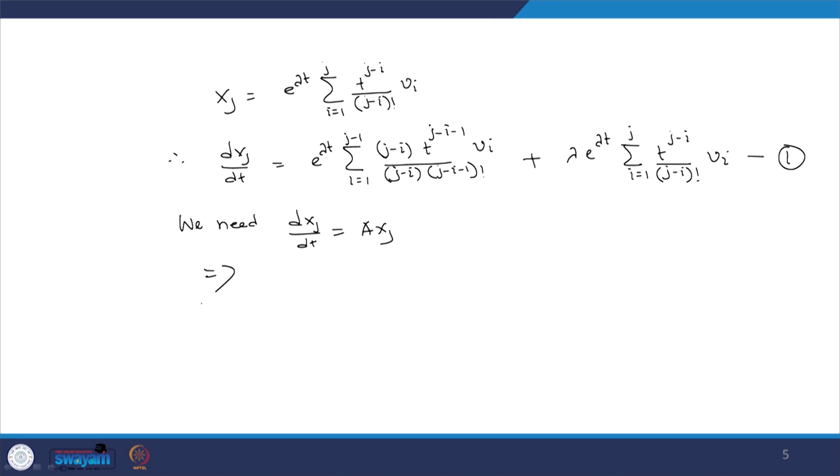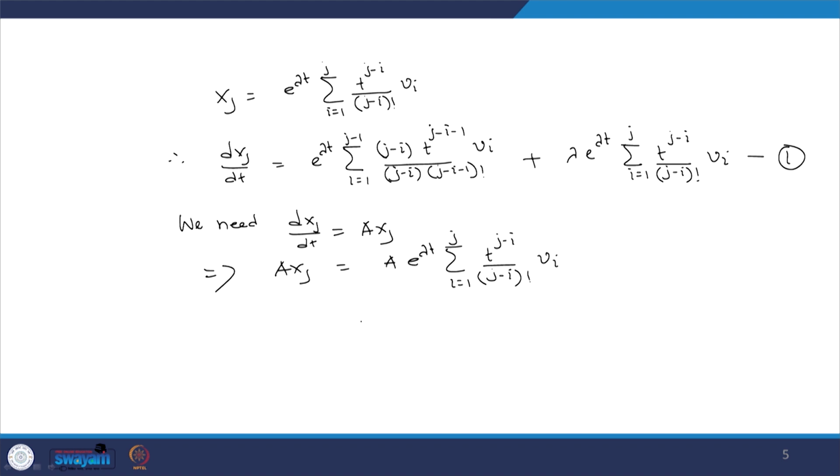So, this implies A xj is equal to A into e to the power lambda t into the sum from i equal to 1 to j of t to the power j minus i by (j minus i) factorial and Vi.